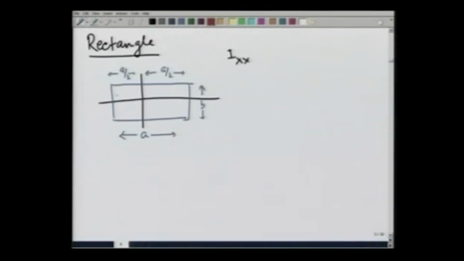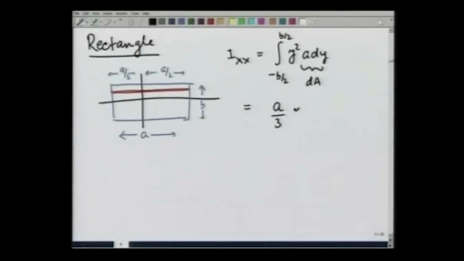For that, again I choose a strip here of width dy, because for this entire strip y square is the same, and calculate the integral of y square a dy, where a dy is that small area dA, and y changes from minus b by 2 to b by 2, and this comes out to be a over 3 y cubed from minus b by 2 to b by 2, or a b cubed over 12.